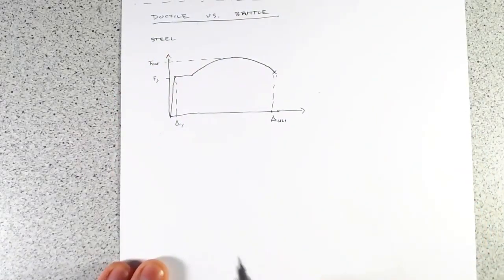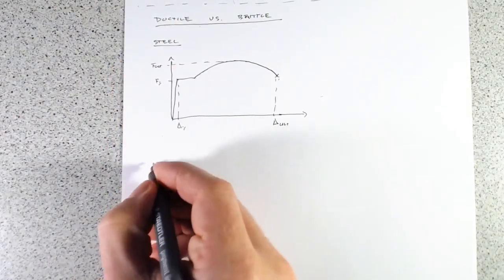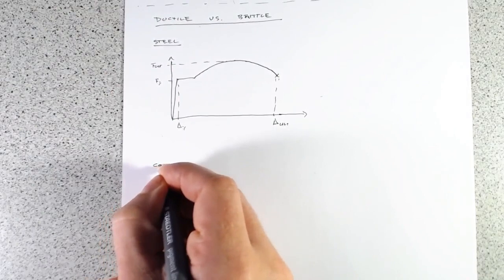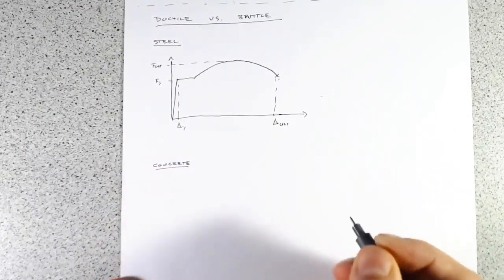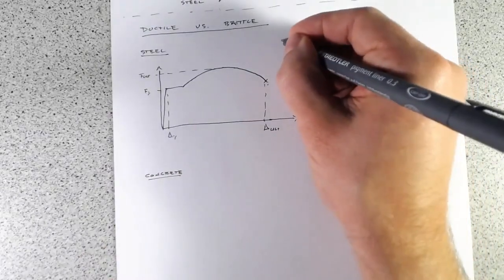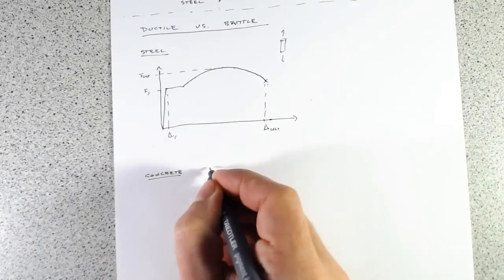And then if I draw a concrete force displacement, so this is our steel, this is our bar in tension.